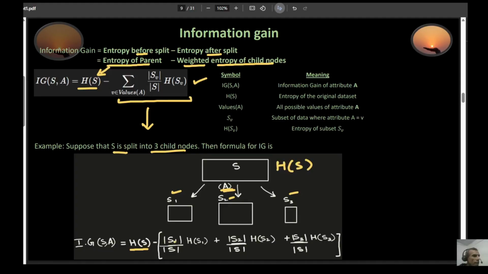minus size of your S1. So let's say the size of this S is 10, and let's say the size of this is 5, this is, actually let's make it 4, and let's say this is 1.